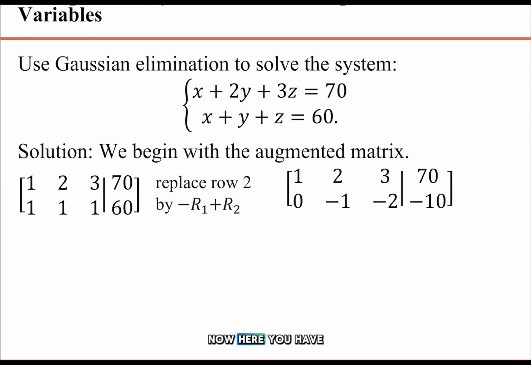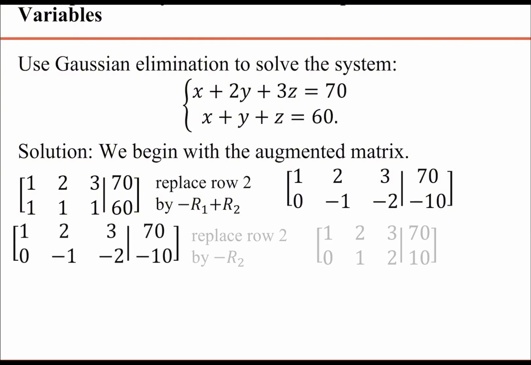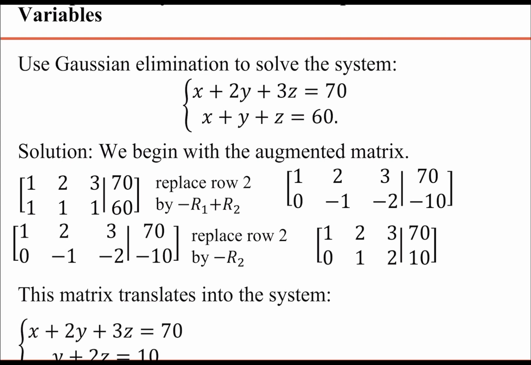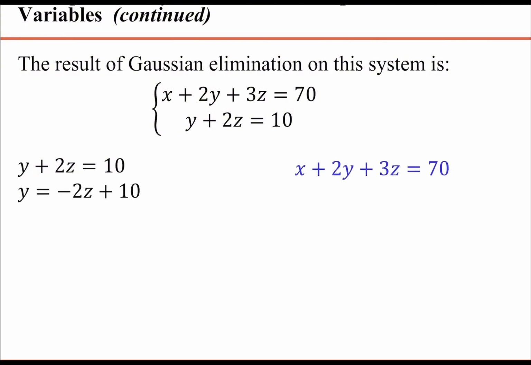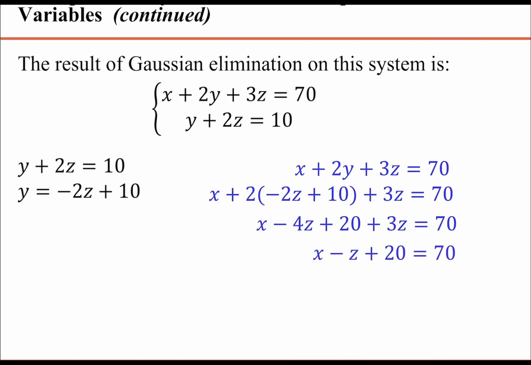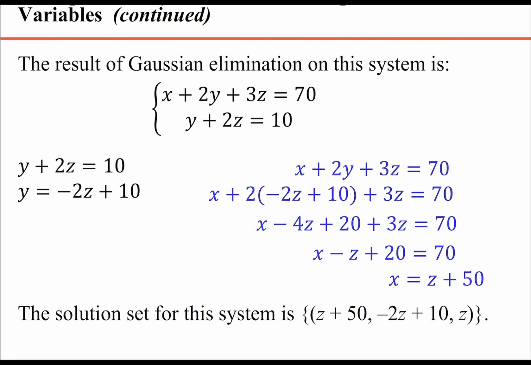Now, here you have 3 columns, but you only have 2 rows. So you see here, they solve for x, they solve for y, everything's in terms of z.